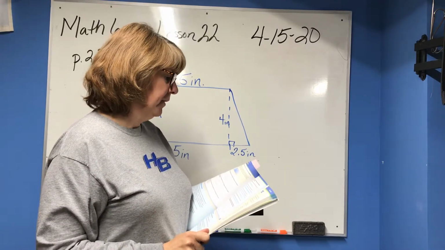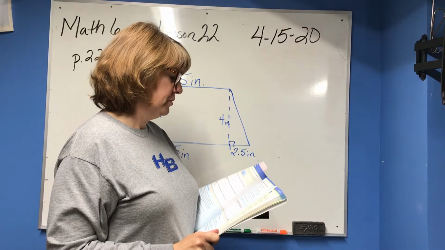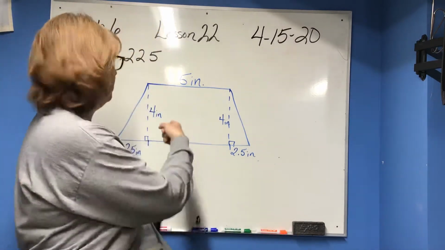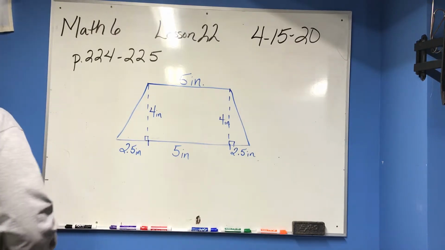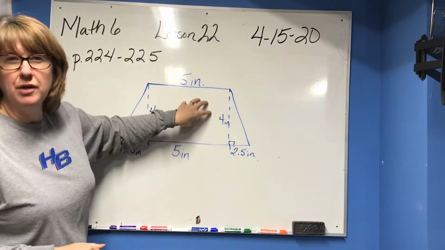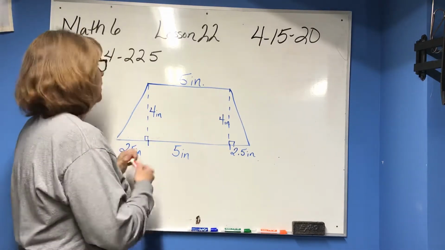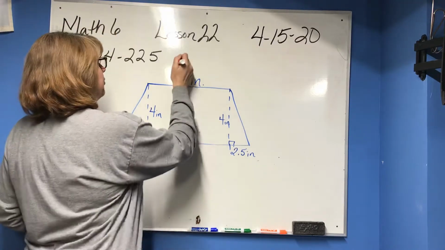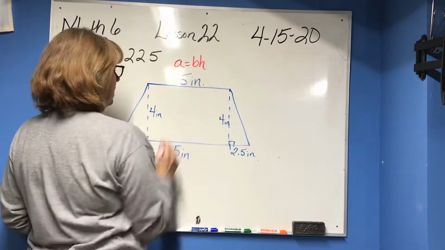That can be tricky, so we have to be careful, okay? Number 11, explain how to calculate the area of the large trapezoid. Show your work. Okay, let's find the area of this. Let's do the rectangle first. That will be the easiest. Let's see, how about red? I know that for a rectangle, area equals base times height.